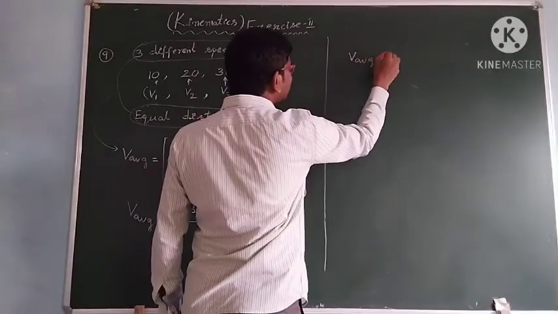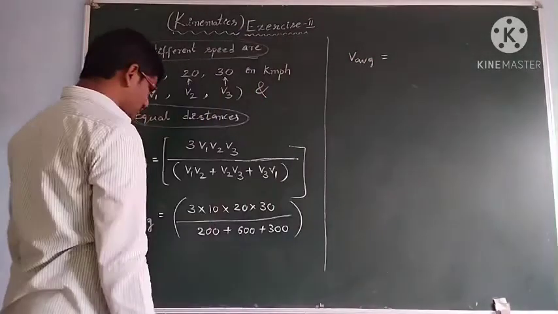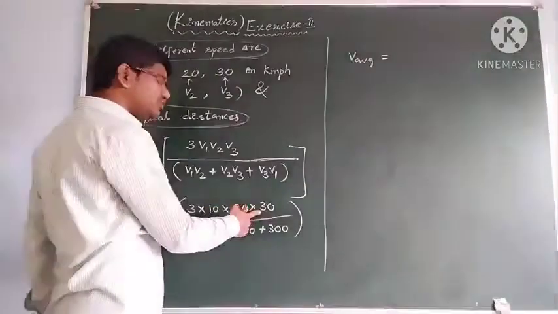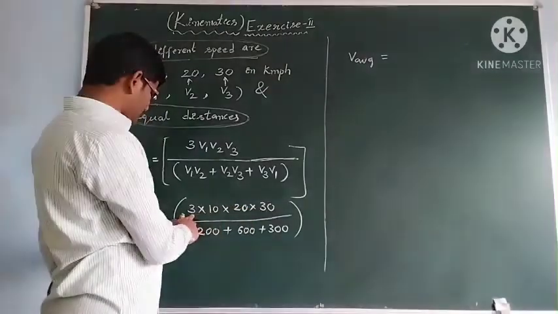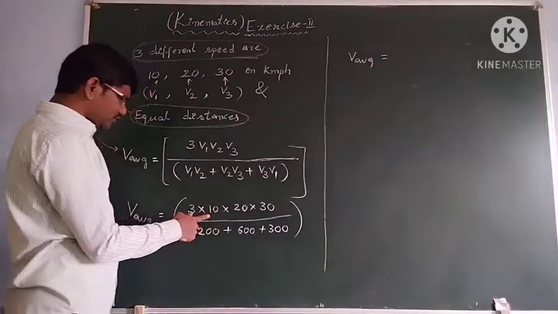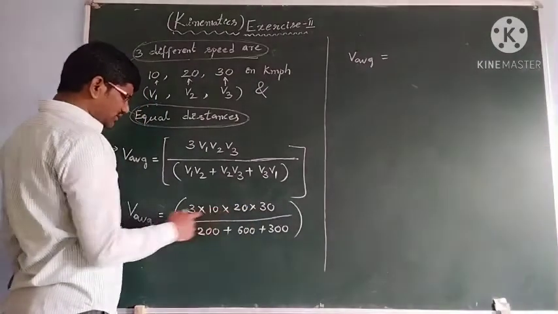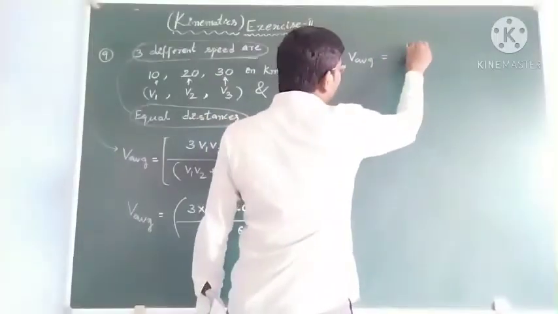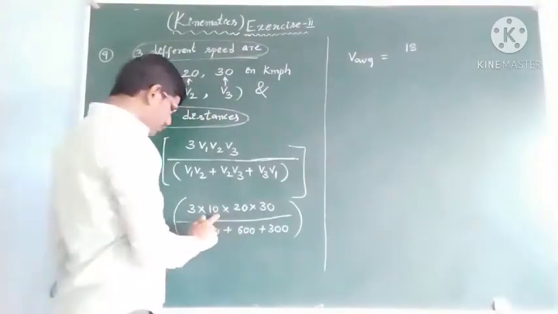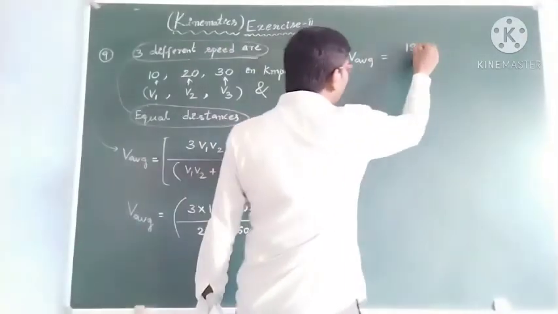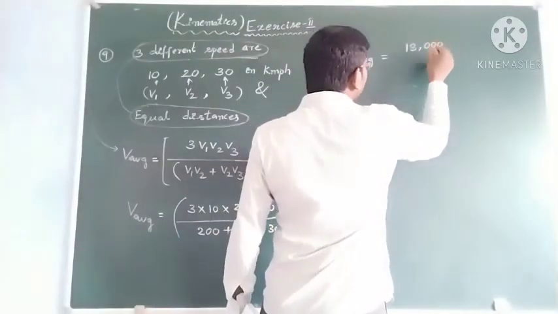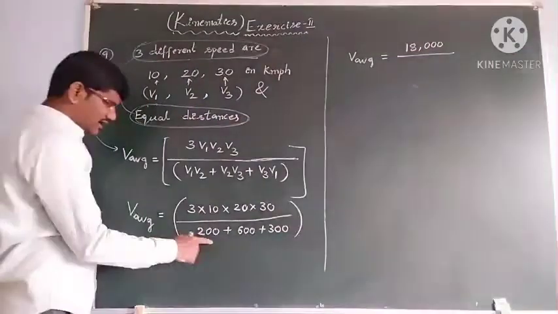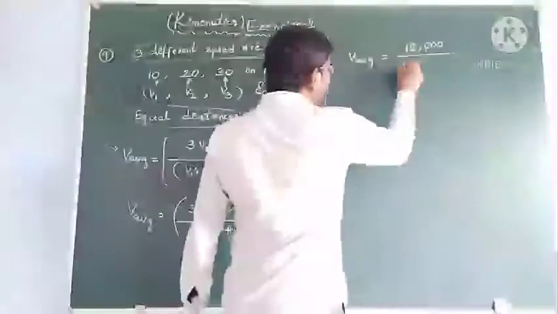V average is equal to 3 into 2 is 6, 6 into 3 is 18, so you will have 18 and 3 zeros, and in the denominator I will take 100 common.